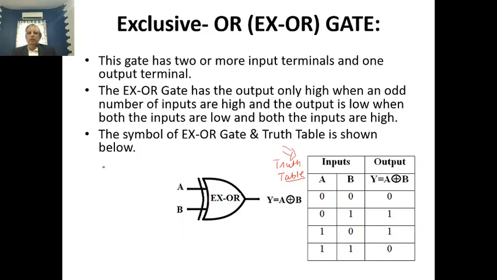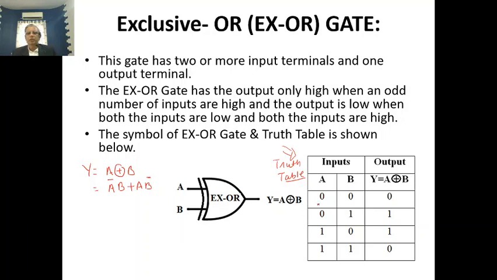And the Boolean expression is Y equal to A bar B plus A B bar. This is the Boolean expression for the XOR gate, and this one is the truth table for this.